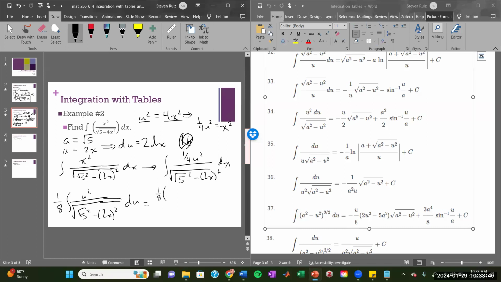Negative u over 2 becomes negative x times the square root of 5 minus 4x squared, plus a squared over 2, which is 5 over 2, times the inverse sine of u over a, which is 2x over square root of 5, plus c.